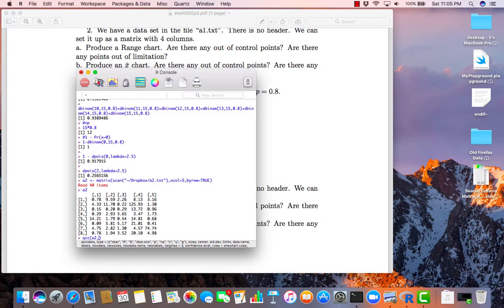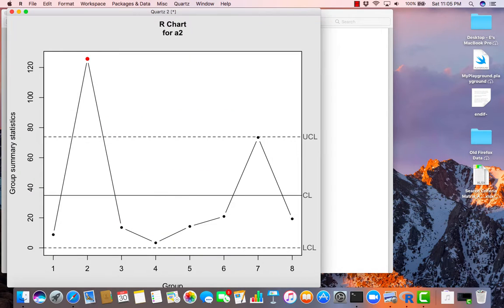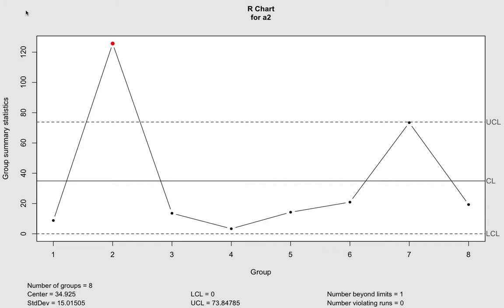So we have A2, type equals capital R, and number of columns equal 5. Okay, so we've got a number violating limits of 1. Got that nice red dot, it's out of the limits.